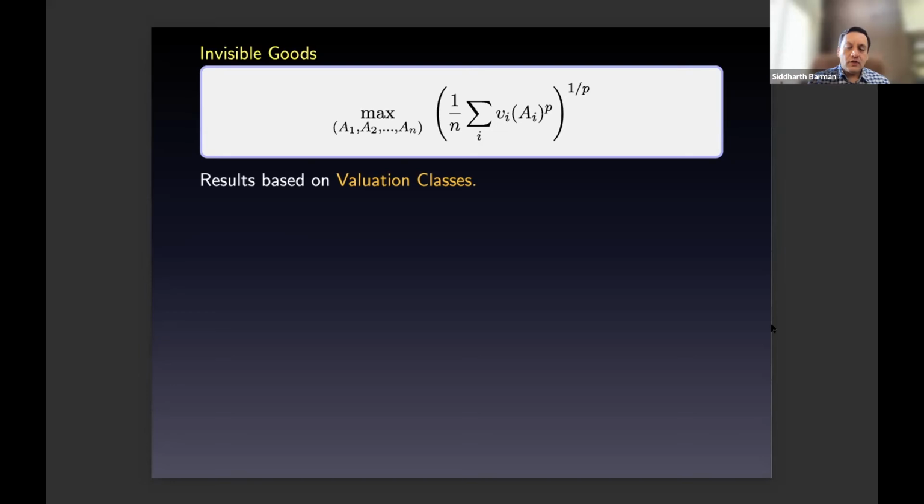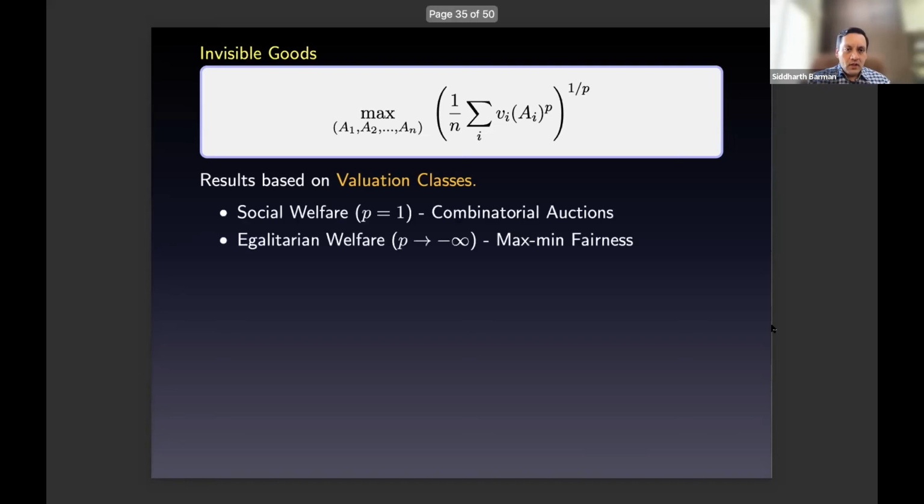Depending on what the VIs are, the problem becomes easy, hard, tractable, very intractable, and so on. Two special cases of this general boxed problem have been studied much more than the general p-mean form. One is social welfare, that is the standard arithmetic mean. It's an important problem in mechanism design, specifically in combinatorial auctions.